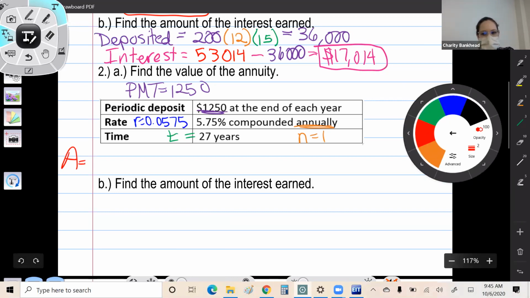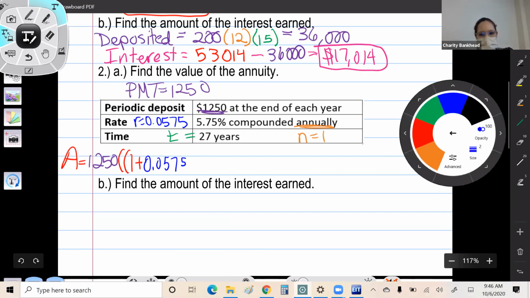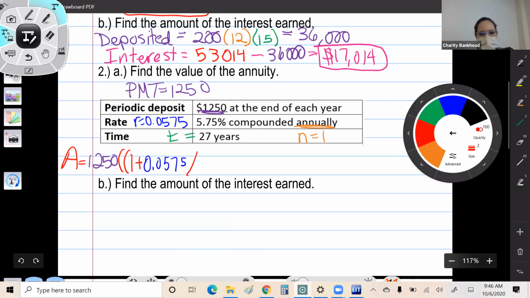So A equals 1250 times double open parentheses 1 plus 0.0575 over 1, close the parentheses, raise it to the power of parentheses 1 times 27.